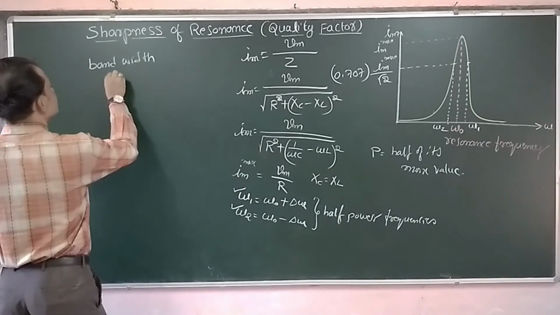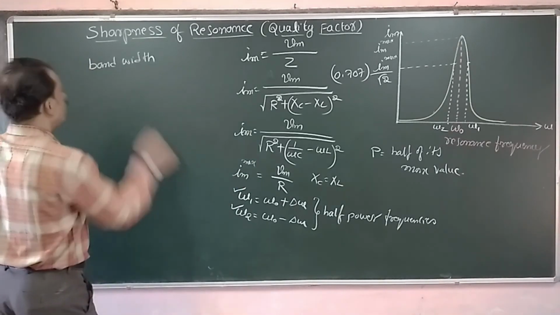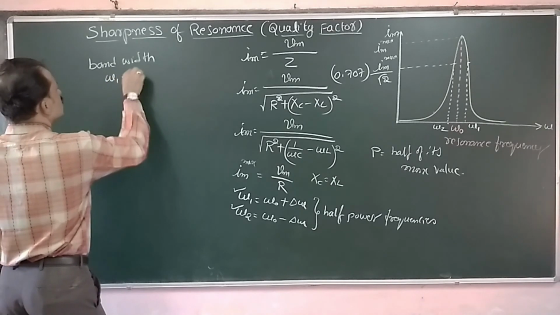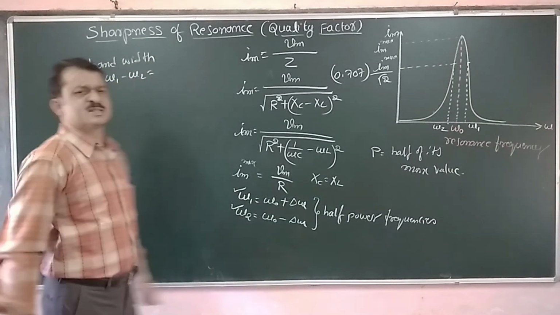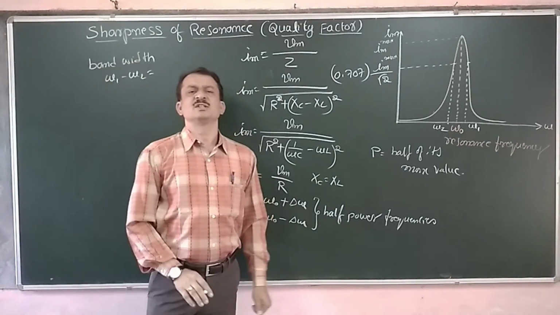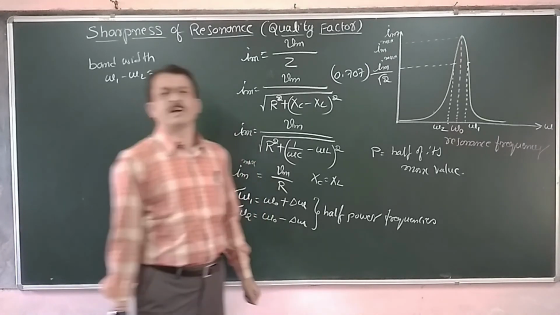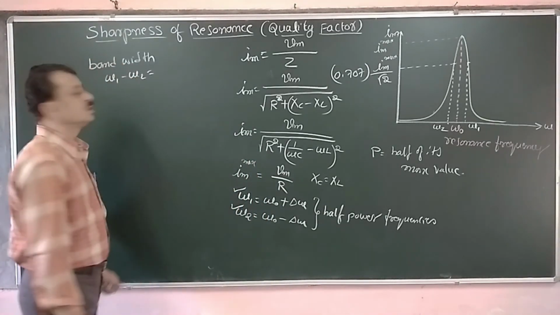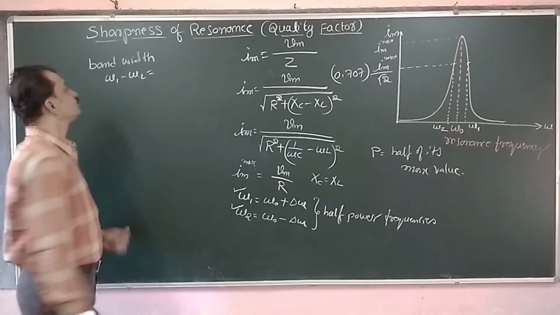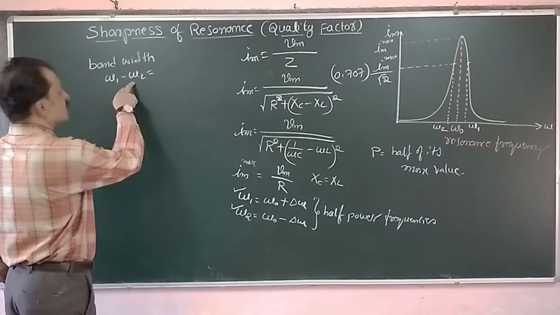The bandwidth is given by omega 1 minus omega 2.